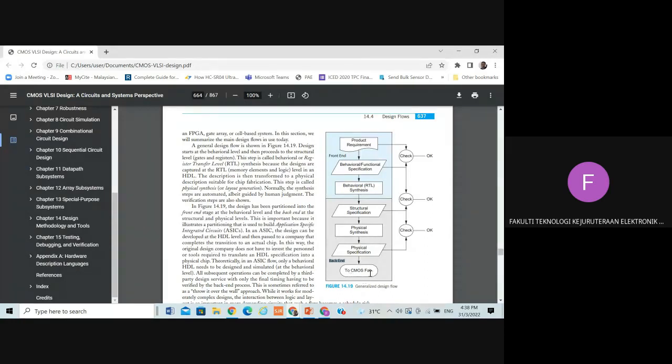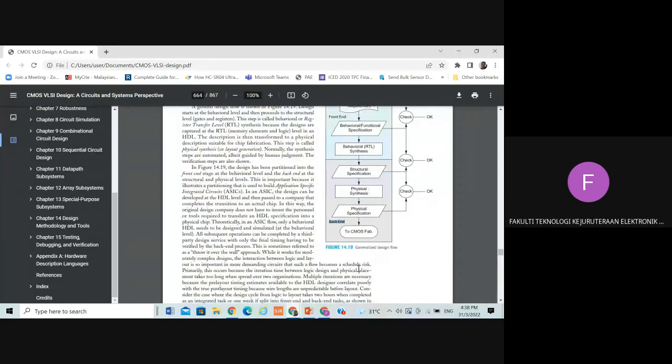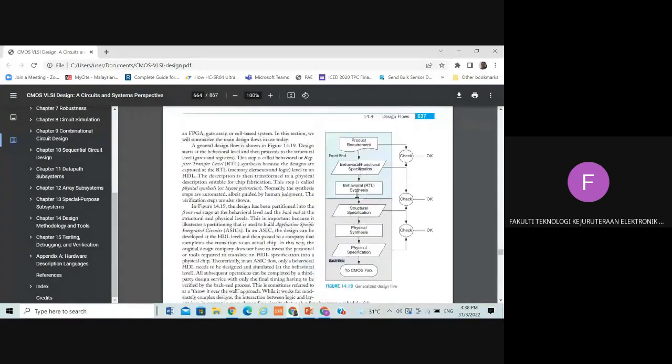We stop before the fabrication, at what they call the GDS2 file. The front end is covered in digital IC design, whereby you use the tool to do the behavioral modeling. They call it here behavioral or functional specification or modeling, and then you do the synthesis. Before synthesis, normally we do the RTL simulation. That's the flow.